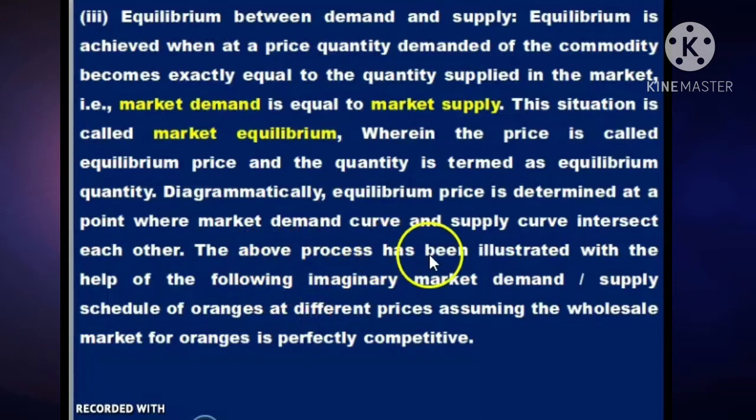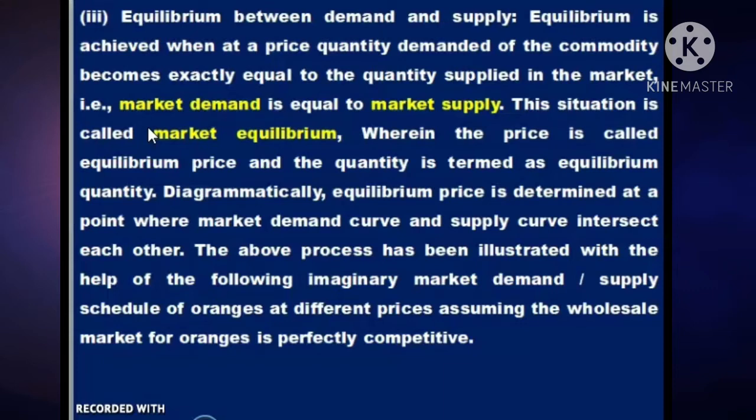The above process is illustrated with the help of the following imaginary market demand and market supply schedule of oranges at different prices, assuming the wholesale market for oranges is a perfectly competitive market. In this condition, just think of the selling of oranges.